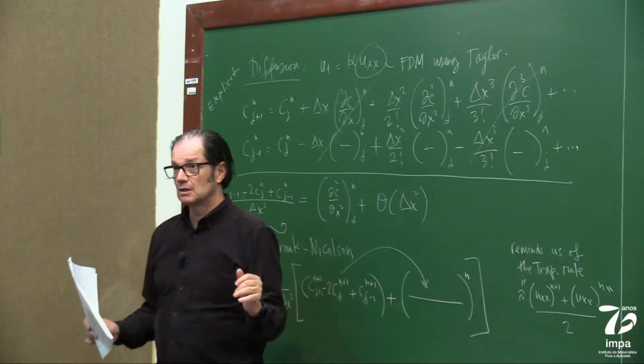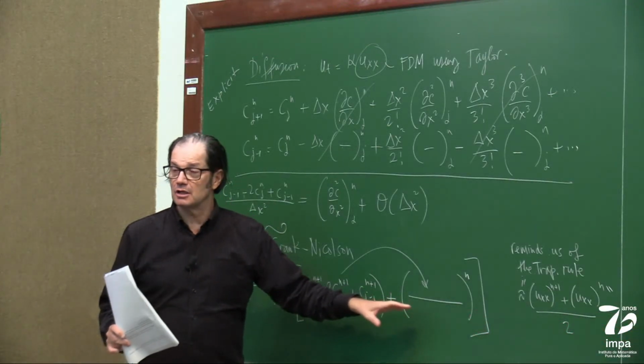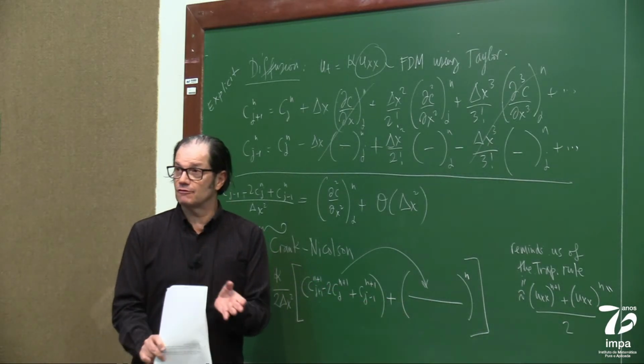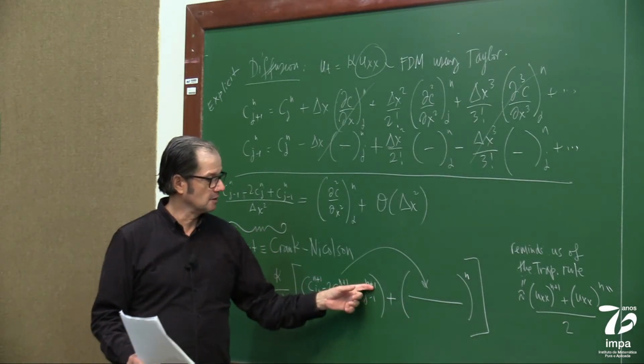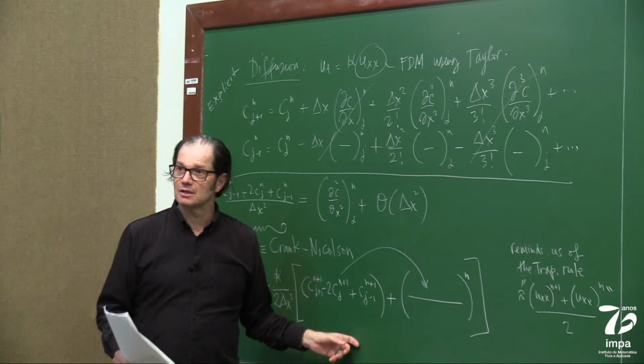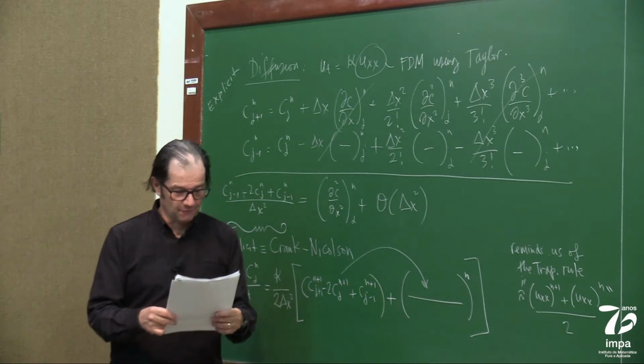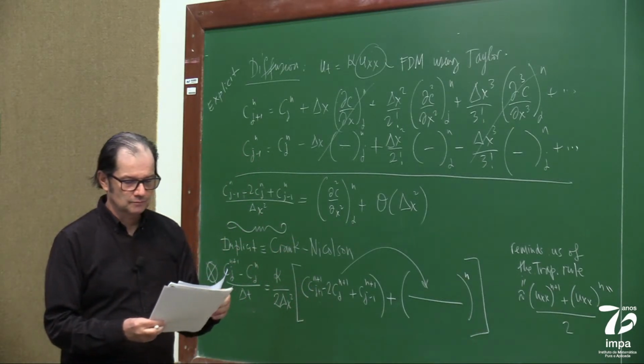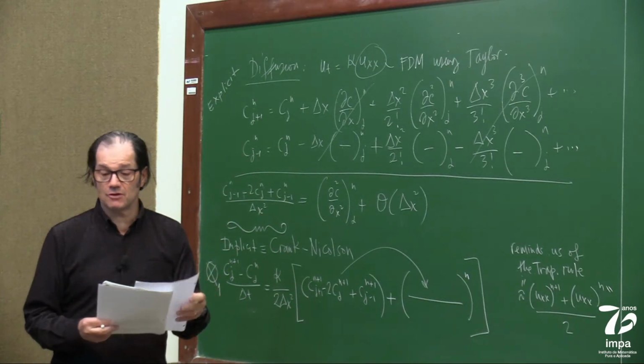No big deal. Now the trapezoidal rule here for Crank-Nicholson can think of an average of 2 times, right? So this guy can also be thought as being at time n plus a half. So, okay, so we get this. And now there's something very simple.